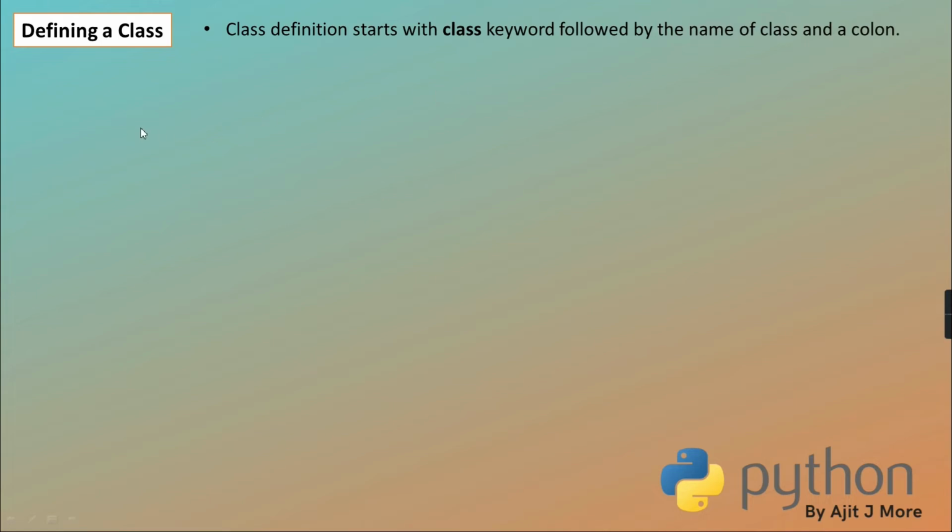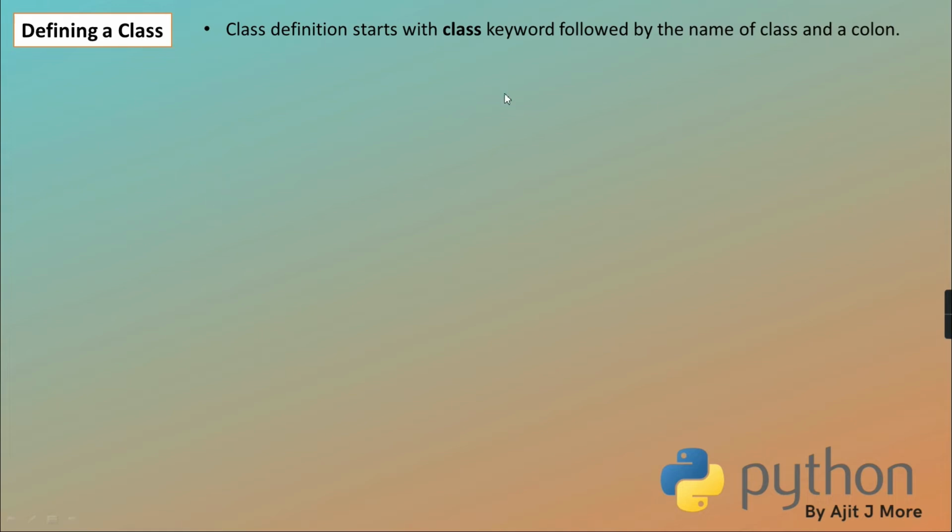Yes or no, guys? Then you may ask what about integers, strings, floats, booleans and complex? Their classes are already provided by Python. Python has provided their classes already. We are just creating objects of them.